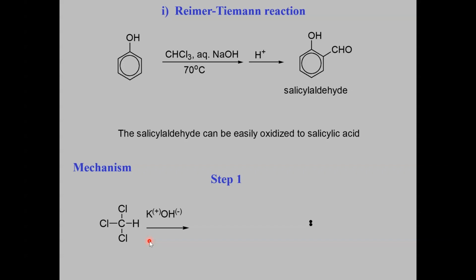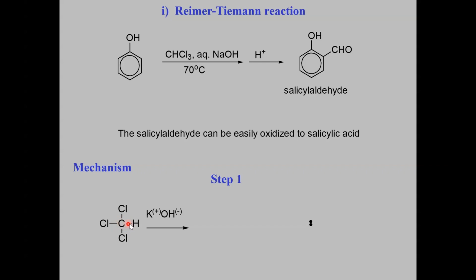reacts with potassium hydroxide or sodium hydroxide, OH minus, which is electron rich. It abstracts the proton from the chloroform. The carbon in chloroform is electron deficient, as the three chlorine groups are electronegative in nature, which pulls the electrons towards itself, rendering this carbon electron deficient.